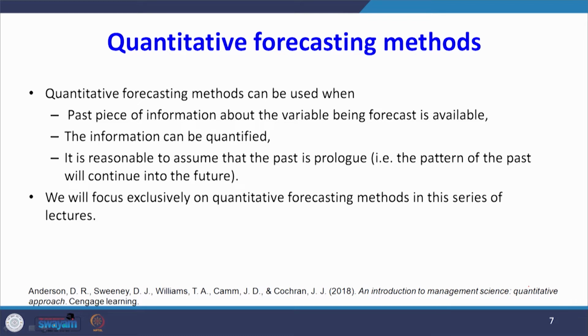It is reasonable to assume that the past is prologue, that is, the pattern of the past will continue in the future. In these situations only, we can go for quantitative forecasting. In the coming lectures, we focus exclusively on quantitative forecasting methods, not on the qualitative.